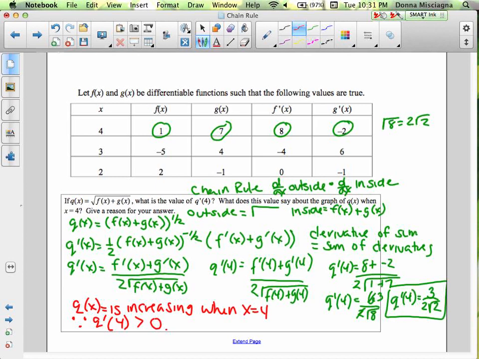So if your derivative is greater than 0, it means your function is increasing, the original function, right? Because the derivative gives you the slopes, right? And if our slopes are positive, then we're going to be increasing, right? And that 3 divided by 2 square roots of 2, that is a positive number. All right, continuing on.